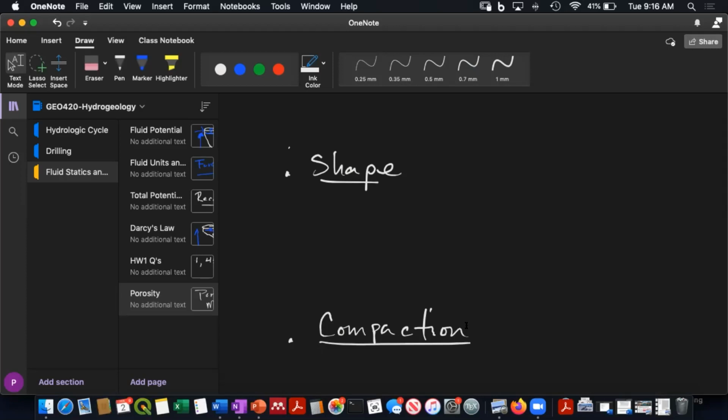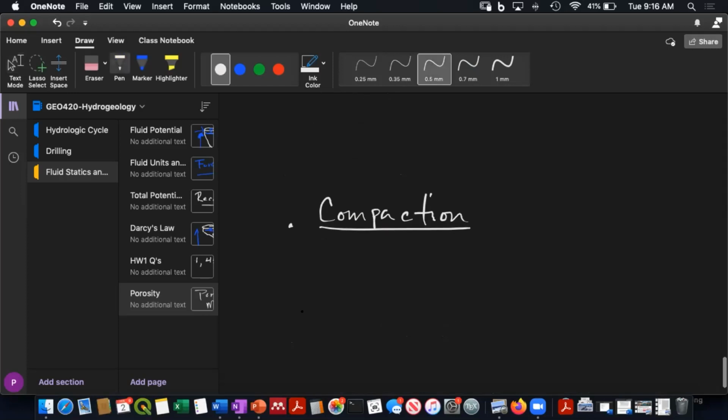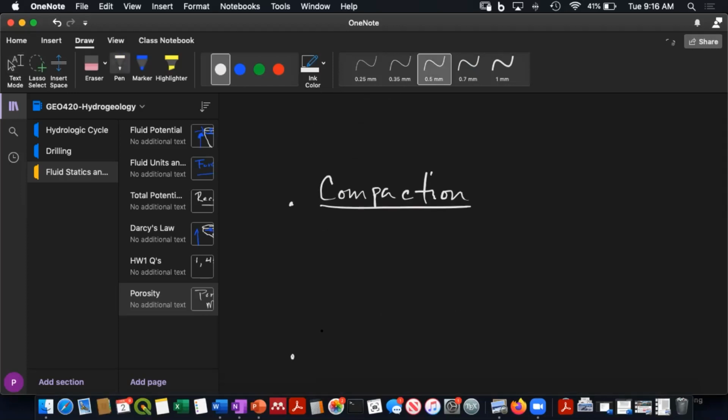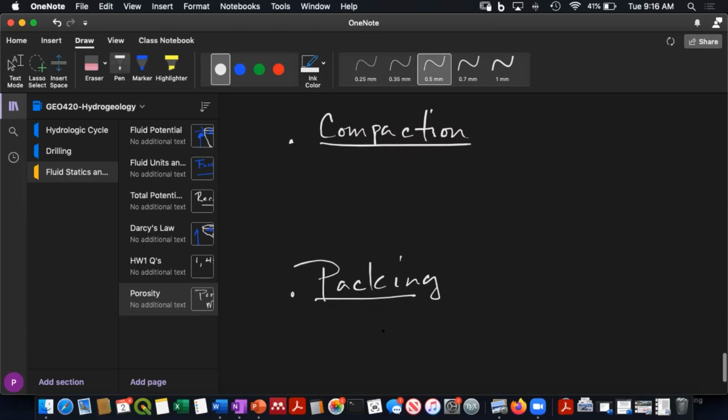What else do you think? Yeah. So I'll put packing here, and this is really kind of a subset of shape and sorting, but we often lump it as a different process.